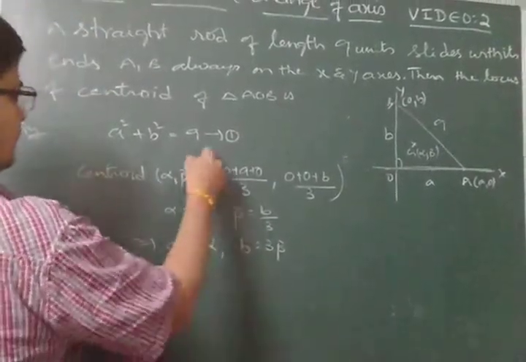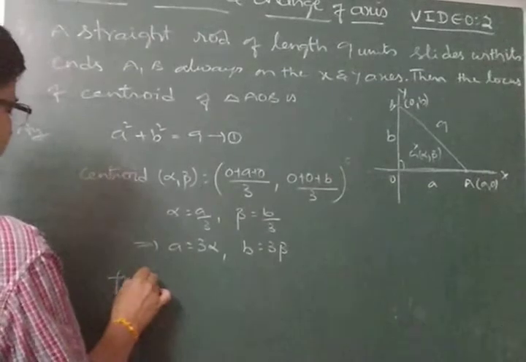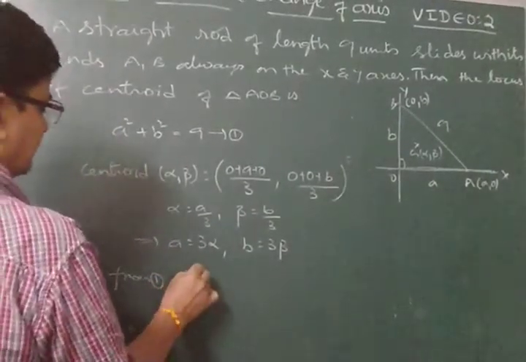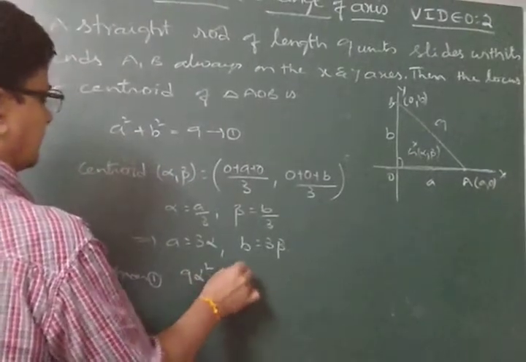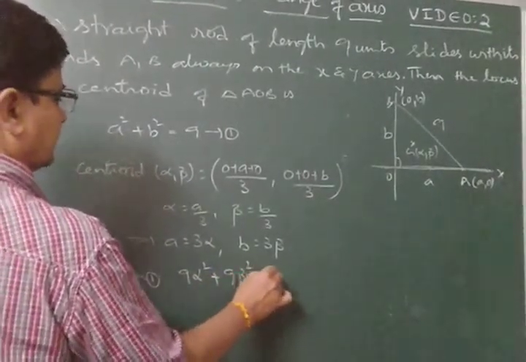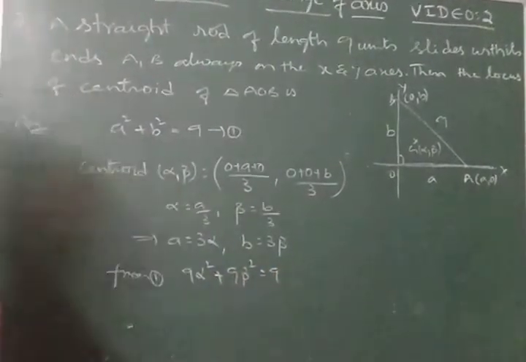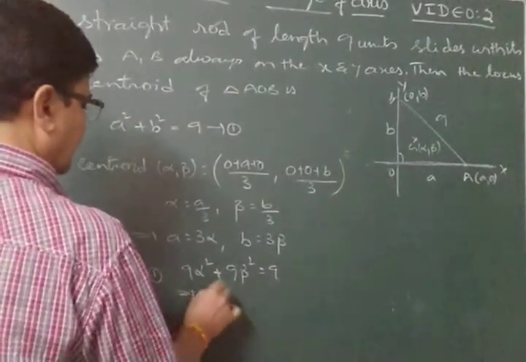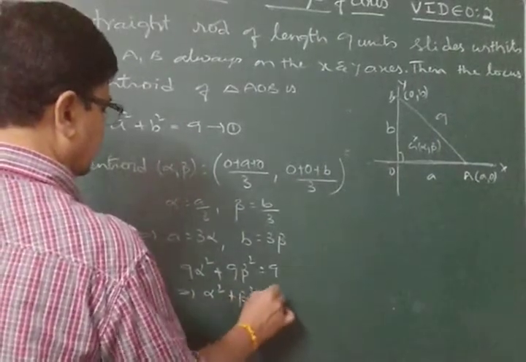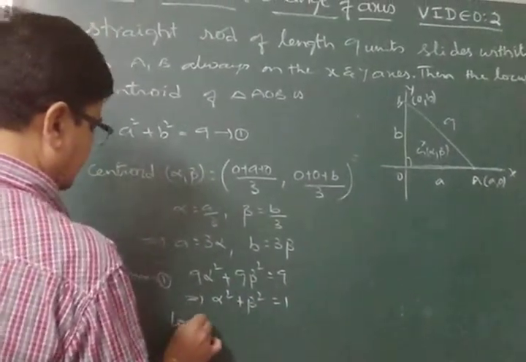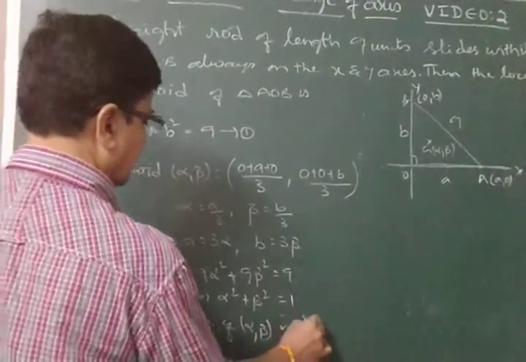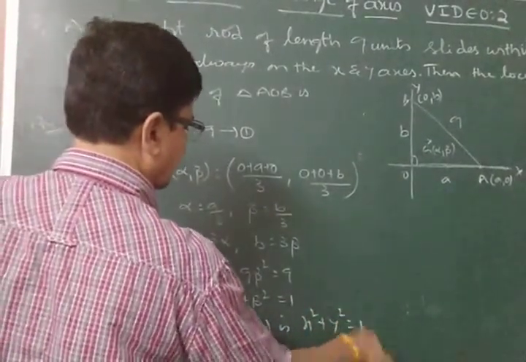Substitute these values in 1. So from 1, a means 3 alpha, that means 9 alpha² plus 9 beta² is equal to 81. So that implies alpha² plus beta² is equal to 9. The locus of (alpha, beta) is x² plus y² is equal to 9.